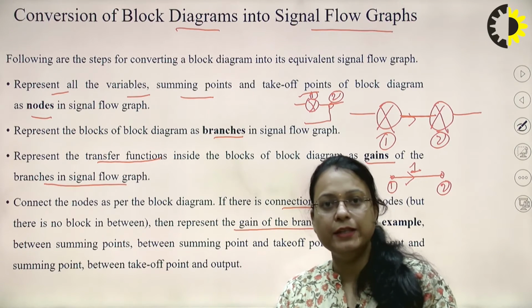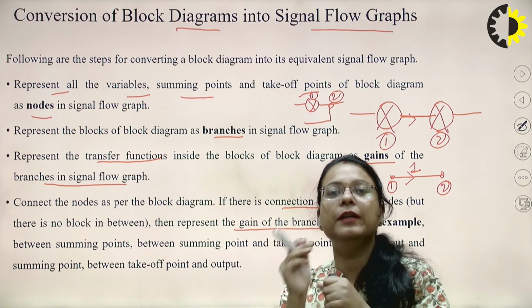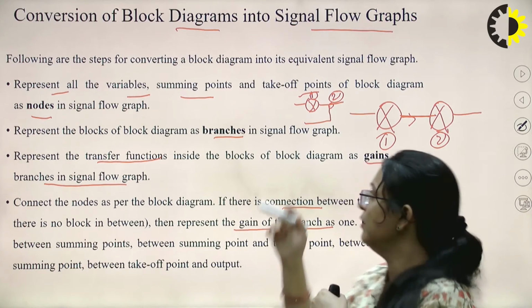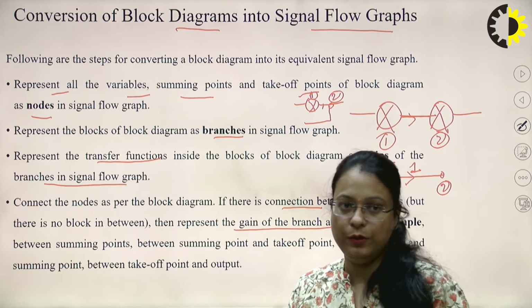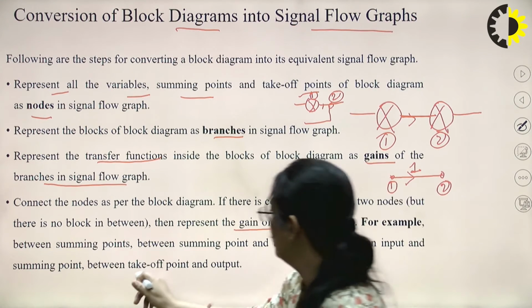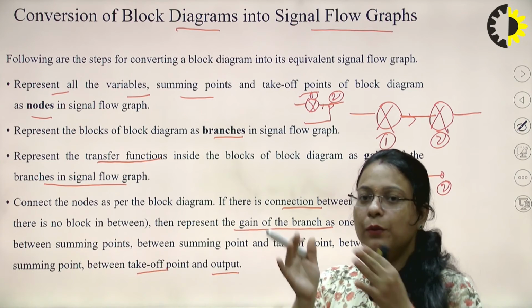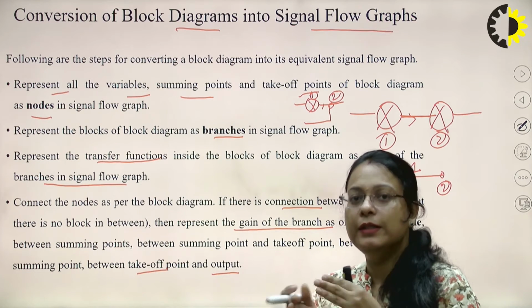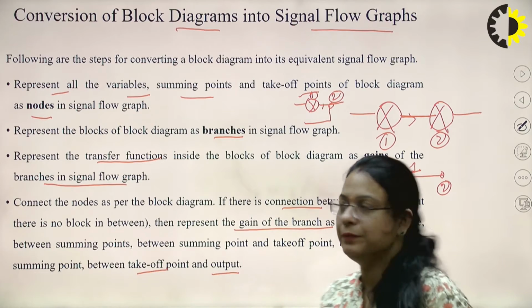In this case, again, between these two nodes we will connect a branch and represent the gain as unity, since no transfer function is represented here. Same is the case between the takeoff point and the output, and between the input and a summing point or a takeoff point. We will take the gain as unity.